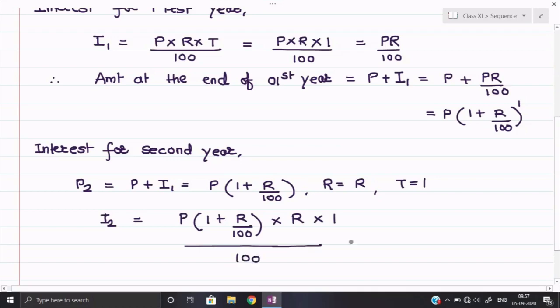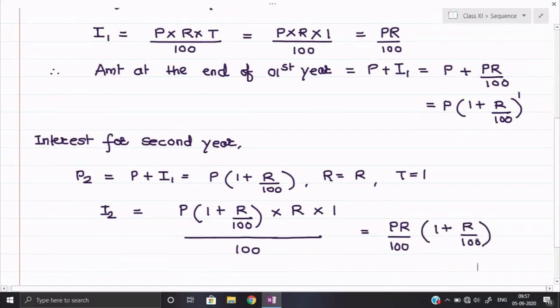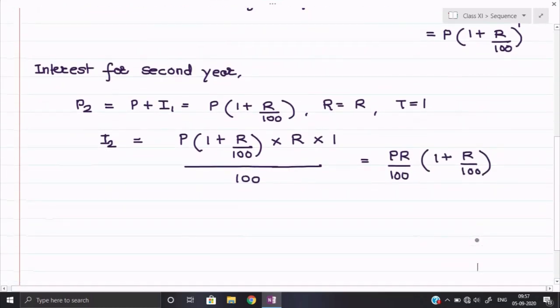So this can be written as PR upon 100 into the bracket 1 plus R upon 100. This is the value of interest of the second year. Now what will be the amount after the second year?